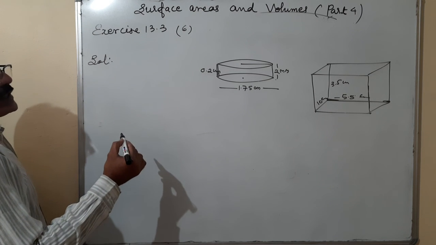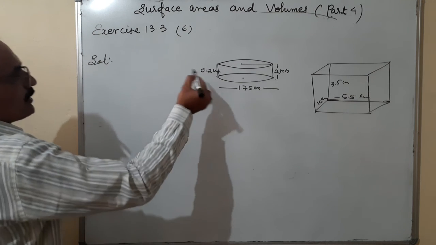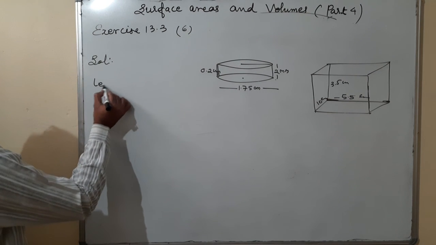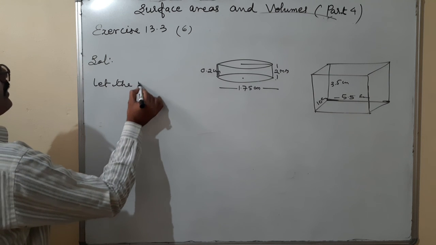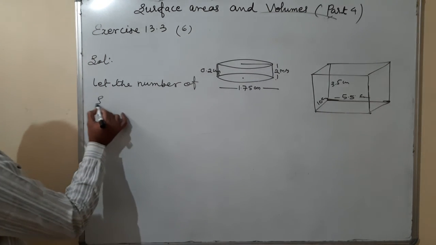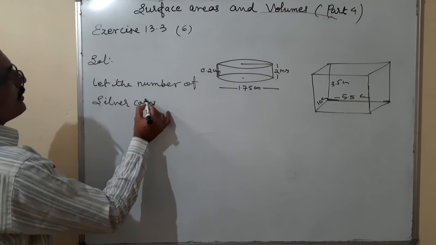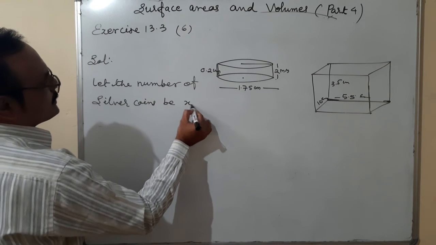Or we can use another approach. Suppose the number of silver coins is x, we'll solve like that. Let the number of silver coins be x.